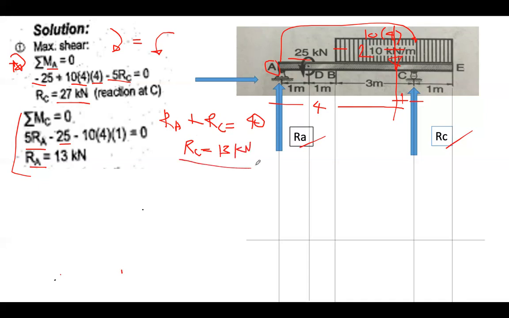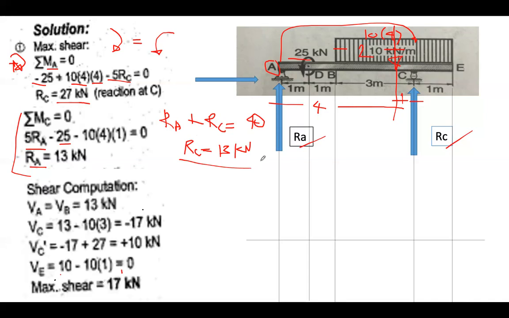So the question now is to compute the shear. Shear computation is what I have shown you earlier in the early problem. VA is equal to 13. So it is just like you have here reaction A. You have 13.